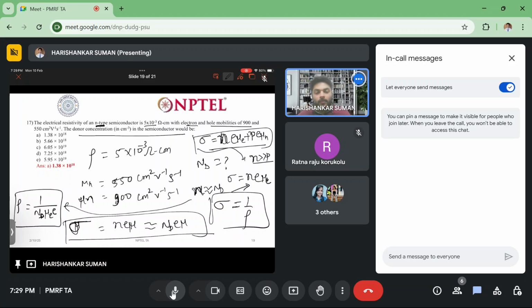Now put the values. Rho is given, mobility of electron also given, electronic charge, 1.6 coulomb.